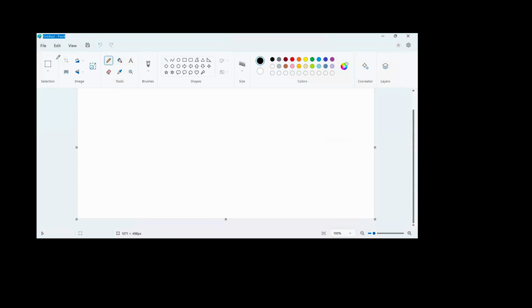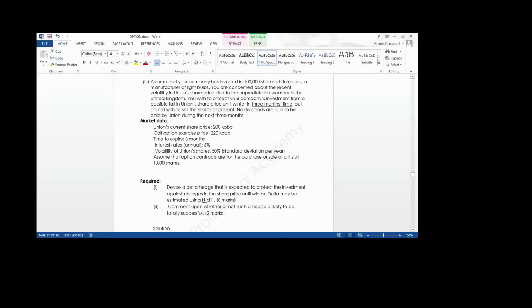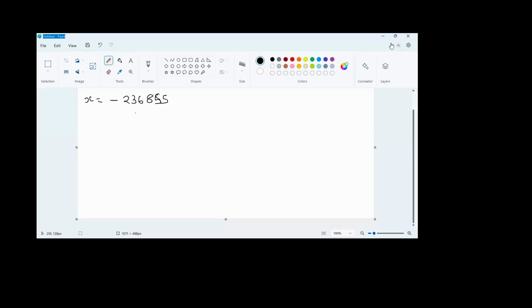You have gotten your X to be negative 236,855. Assume that an option contract is for purchase or sales of a unit of 1,000 shares. That means one option is for 1,000 shares. To get the options to be purchased, just divide by 1,000.